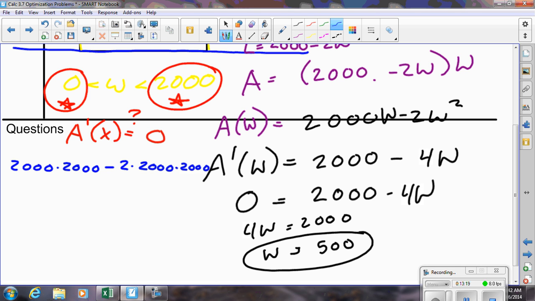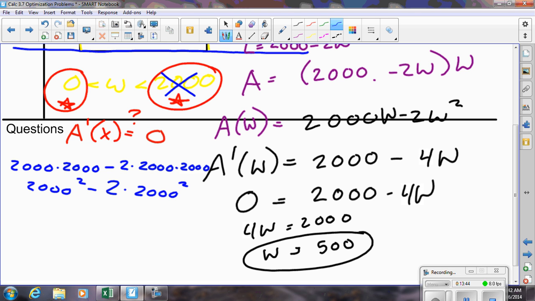We're noting then that this is 2,000 squared minus 2 times 2,000 squared. That's going to wind up being a negative. And of course, negative area doesn't make any sense. So we know this constraint would have been even more messed up.